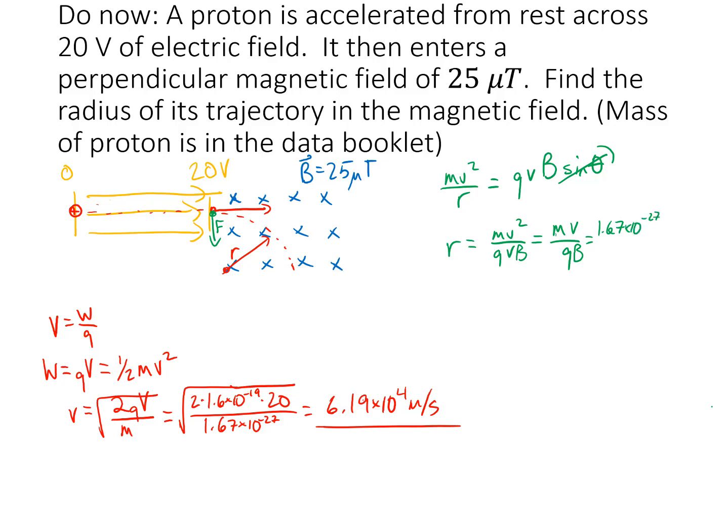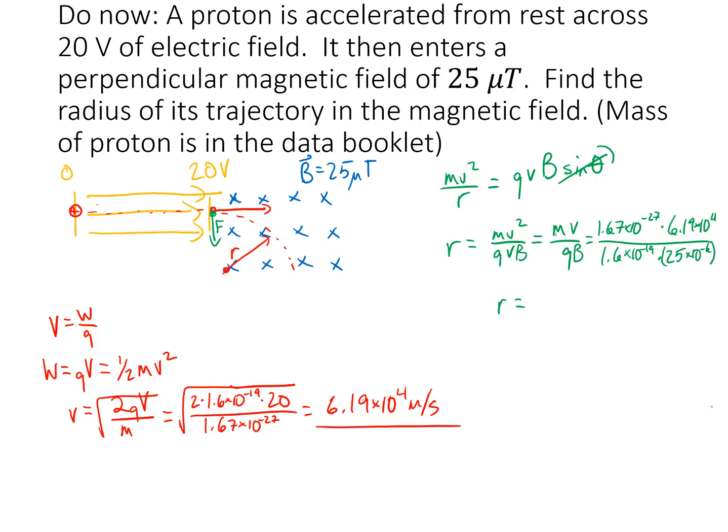So again, the mass of the proton is 1.67 times 10 to the minus 27. The velocity is 6.19 times 10 to the 4 meters per second. The charge is 1.6 times 10 to the minus 19 coulombs. And the magnetic field is just 25 microteslas, 25 times 10 to the minus 6 tesla.